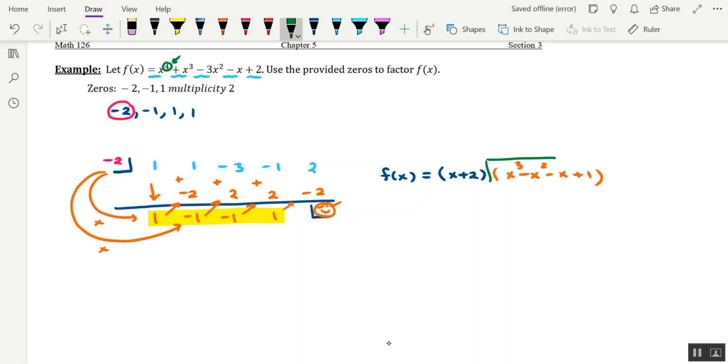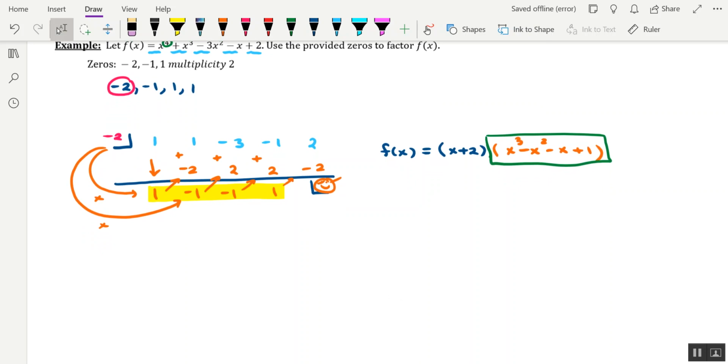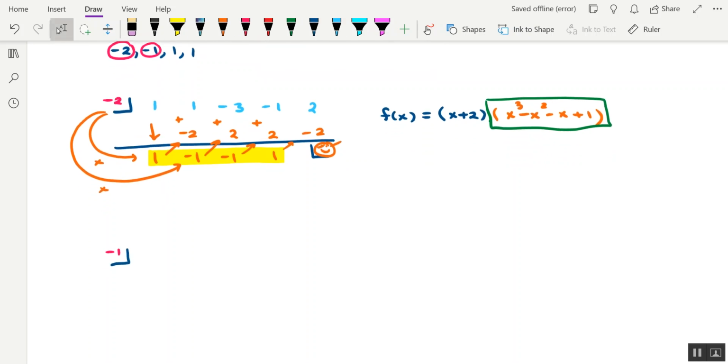Now what we'll do is break down this quotient polynomial even further using another one of the zeros. I'll roll with -1. So we're going to use the coefficients of our quotient polynomial, which are 1, -1, -1, and 1.